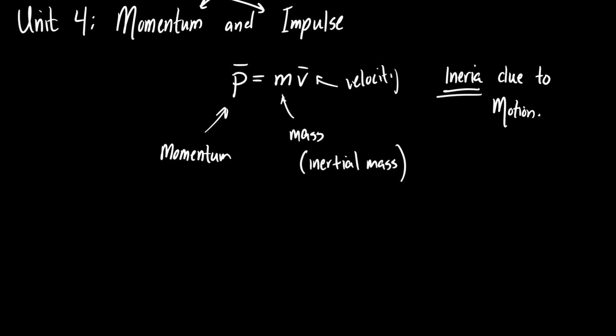So if a bus is traveling towards me at 5 miles an hour and a bicycle is traveling towards me at 5 miles an hour, and I'm going to have to be hit by one of them, which one is probably going to be better to be hit by? Sure, the bicycle. I'm going to assume it has less momentum than the bus, and therefore it'll be easier for me to change it. Now, don't get me wrong, there are plenty of things that have lots of inertia that aren't very big.